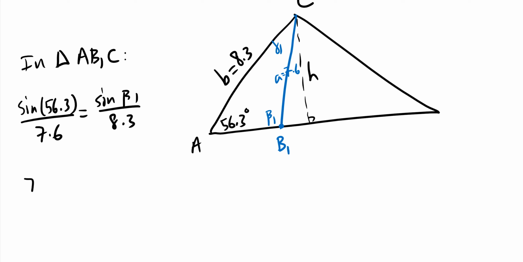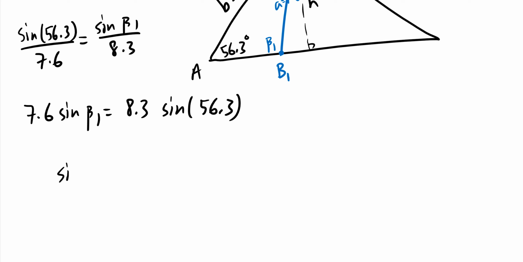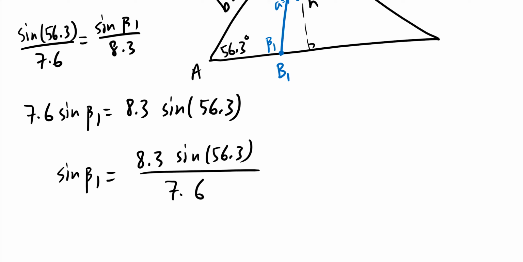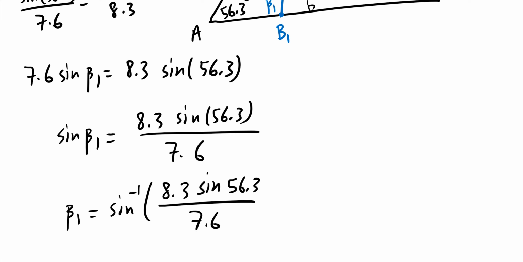Cross multiply: 7.6 sine beta 1 equals 8.3 sine 56.3. So then sine beta 1 equals 8.3 sine 56.3 divided by 7.6. So I need to find beta 1. Beta 1 is sine inverse of all this quantity, 8.3 sine 56.3 divided by 7.6.